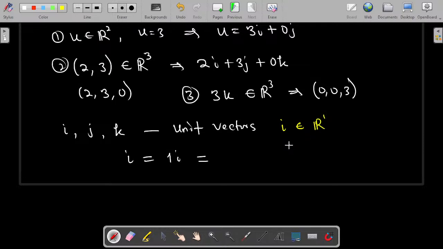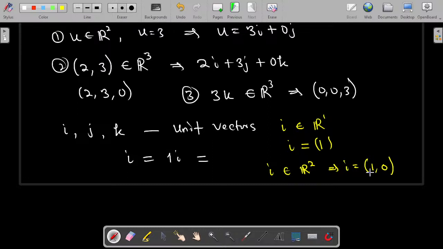If your i is in R1, then it means that your i is just going to be equal to 1 only, you can put it in brackets, just 1. But if your i is in R2, what is going to be the bracket form? The first component will be 1, but the second component will be 0, because it is in R2 and there is no j here.